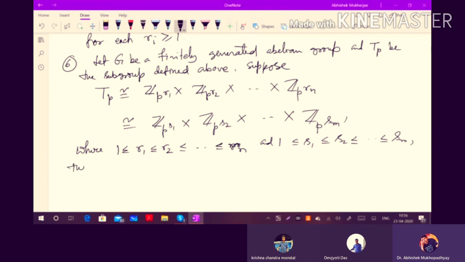Then show that n equals m and each rk equals sk for all k.